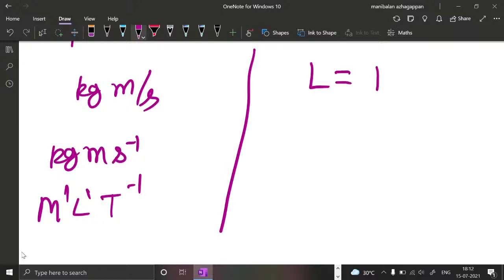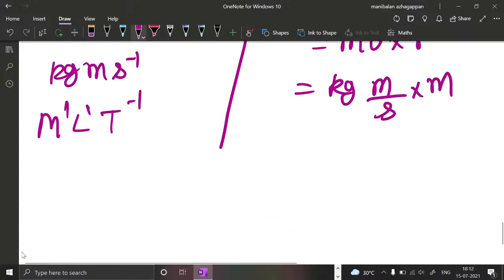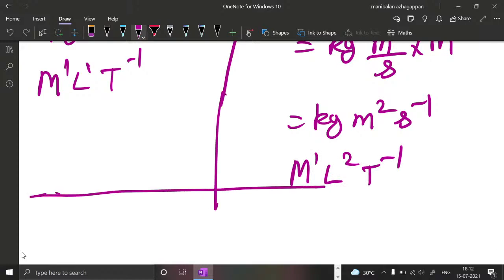Angular momentum is equal to linear momentum times radius. Linear momentum we know is mass into velocity, into radius. So kg, meter per second, meter: kg meter square second minus 1. The dimensional formula for angular momentum is M power 1 L power 2 T power minus 1.